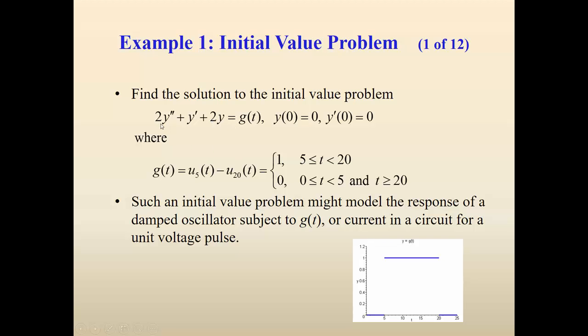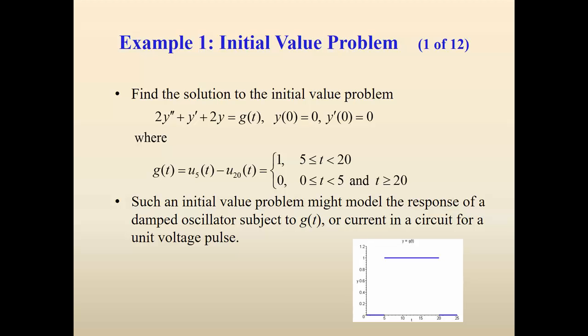2 meaning if we were imagining it with springs, this would be a mass of 2 kilograms, a dampener of 1, so that's 1 Newton for every meter per second this spring is moving, whereas k is equal to 2, a spring constant of 2. This would mean that we have an understanding of forcing function, that at t is equal to 5, suddenly maybe a baby is pushing up on your spring because you left them unattended, I guess.